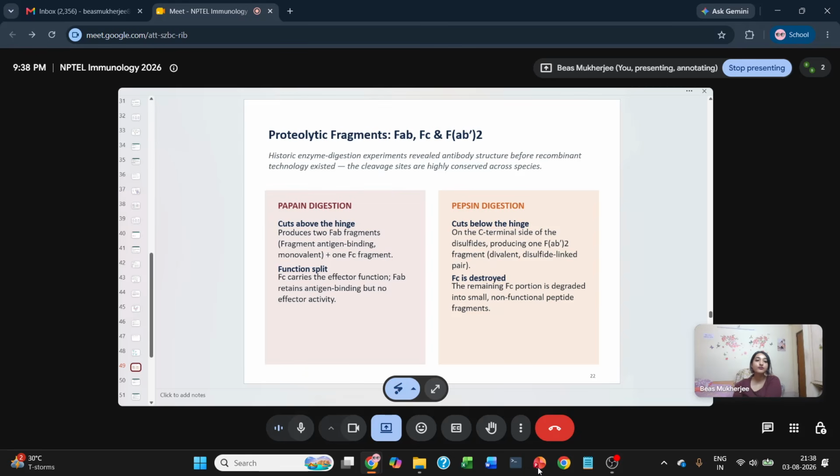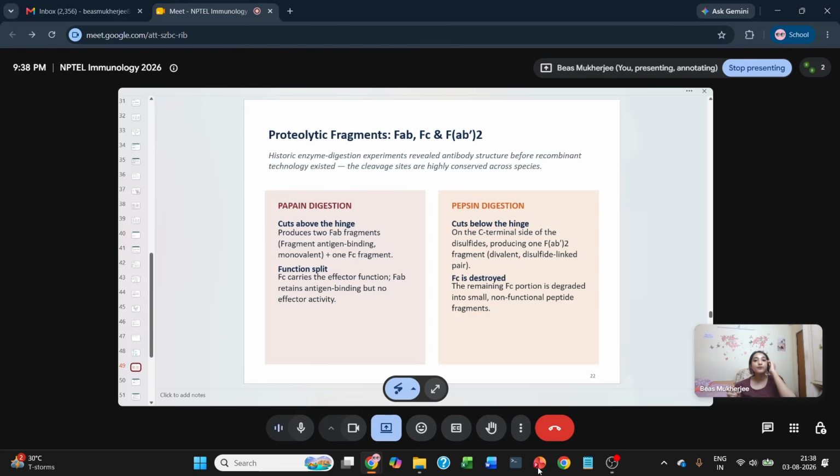In the case of pepsin digestion, pepsin is an enzyme that is there in our body, acting on proteins and peptides, right? It looks at a specific sequence and cleaves the peptide at that specific sequence.